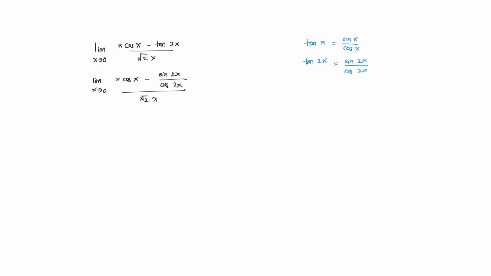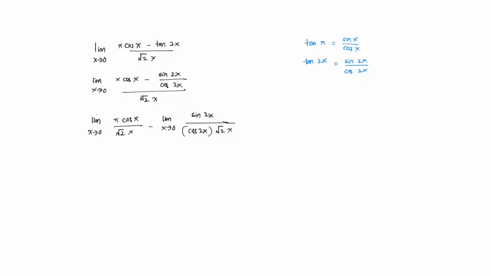Now what you need to do is split this fraction into two separate parts. The first part will be the limit as x approaches 0 of x cos x over sec 2, minus the limit as x approaches 0 of sine 2x over cos 2x, multiplied by sec 2, multiplied by x.